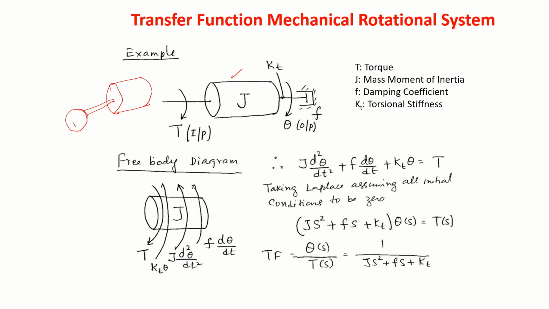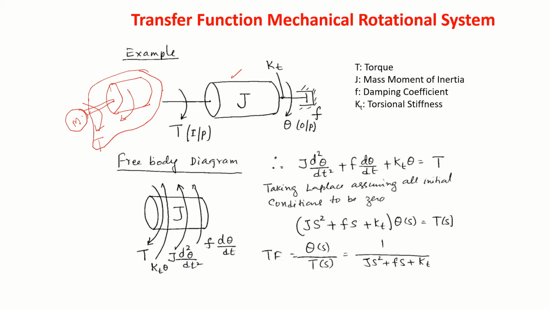Assume that there is an electric motor here. This motor will apply a torque T on this and make this drum rotate. So now how to write the mathematical model of this? I am not considering the motor now. Only the torque part I am considering.